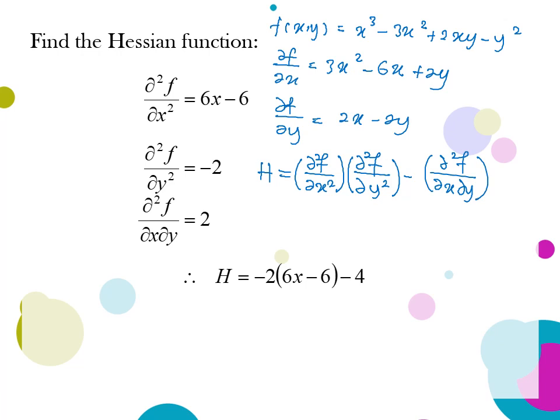Okay, so after finding the first derivative, we can proceed from here to find the second order derivative. So from here, we differentiate one more time with respect to the same variable. Okay, start from here. So it will be 6x minus 6, because this is a constant. Alright, so we got this.